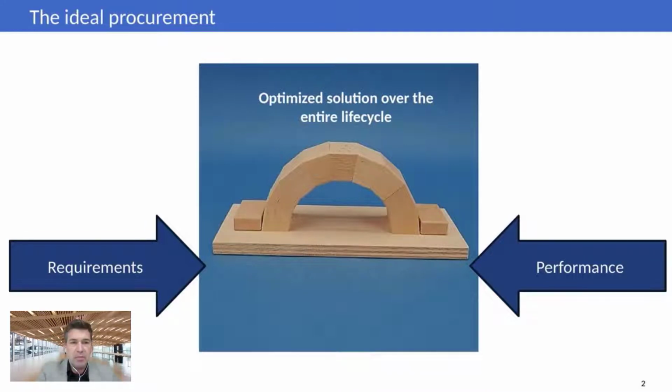So I put this symbol of a bridge to show a bit how it should be in the planning. We should optimize between performance and requirements, and this is like a back and forth until we get the optimal result.